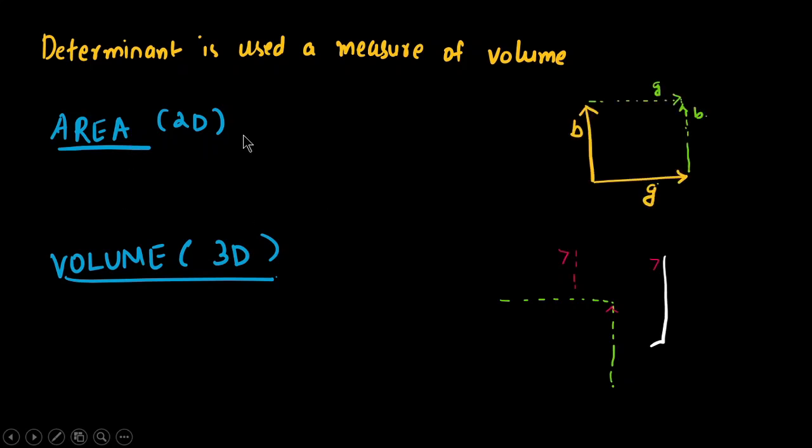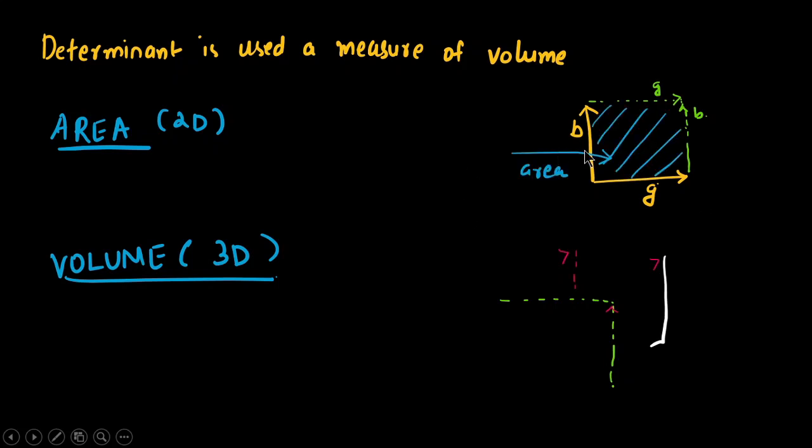Okay, so in the case of two dimensions, we have two vectors B and G. And when you complete the parallelogram like this, this side is vector B again and this side is vector G again, and the determinant will give you the area of this parallelogram.